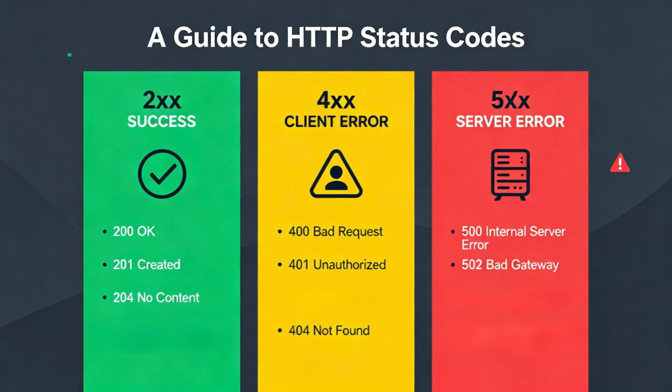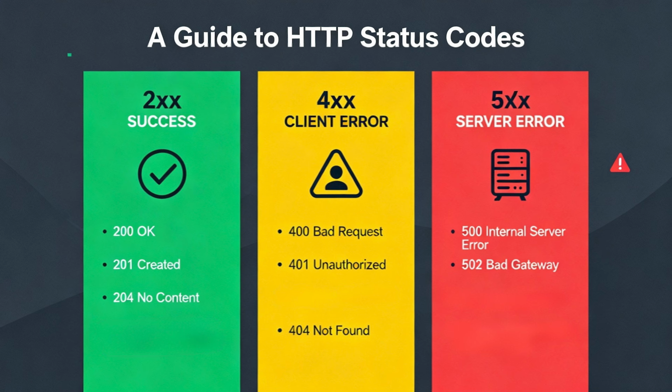Understanding HTTP status codes. Let's break down the categories. 200s, success, everything worked. Example: 200 OK, 201 Created. 400s, client errors, the client made a mistake.